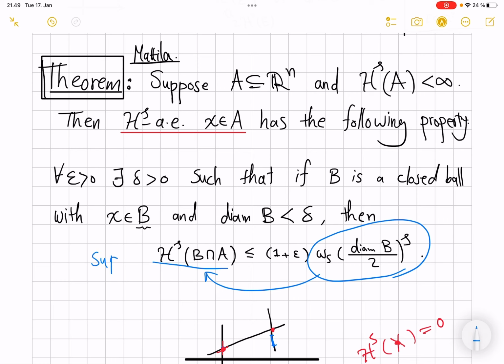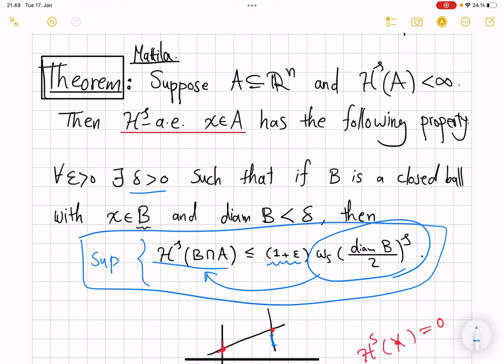So taking a supremum of all such fractions, and then we need to prove that that supremum goes to 1 when delta goes to 0. That supremum here you define, and then you take the limit delta going to 0, you define it as a density.